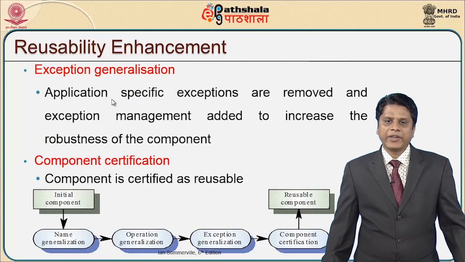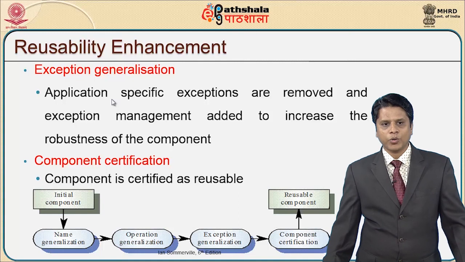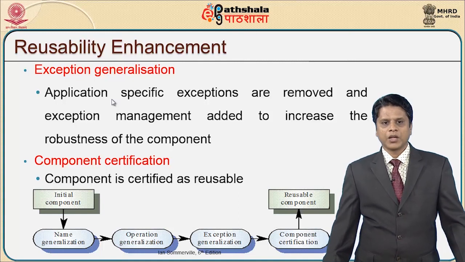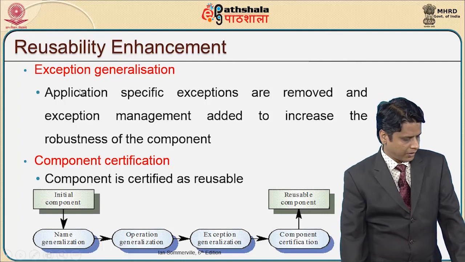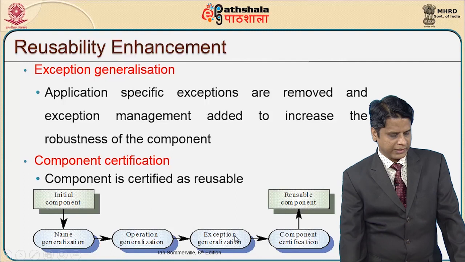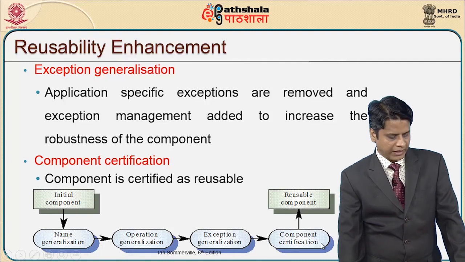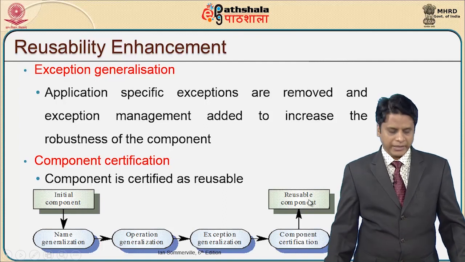It can in turn have exception generalization also. In exception handling, application specific exceptions are removed and exception management is added to increase the robustness of the component. For component certification, a component is certified as reusable if, for the initial component, we perform name generalization, then operation generalization, then exception generalization, then component certification. Further, the component is made completely reusable.